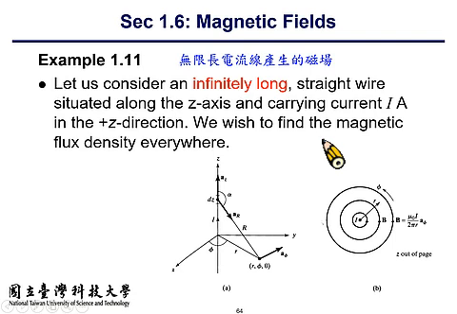R is the distance to the z-axis, phi is the angle with respect to the positive x-axis. Z is the height. Because this line is infinitely long, you can offset the height to 0 to simplify the problem a little bit.